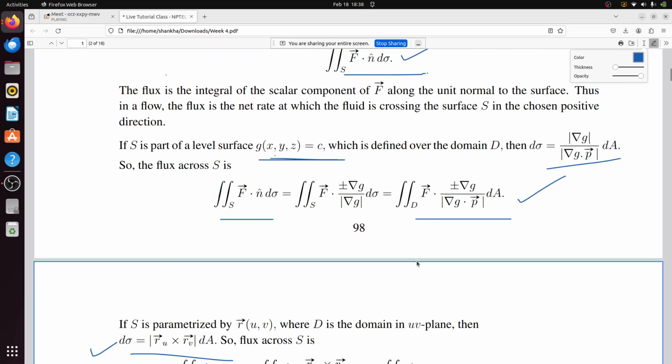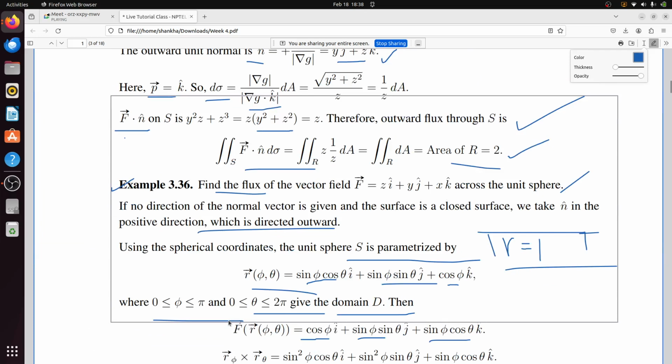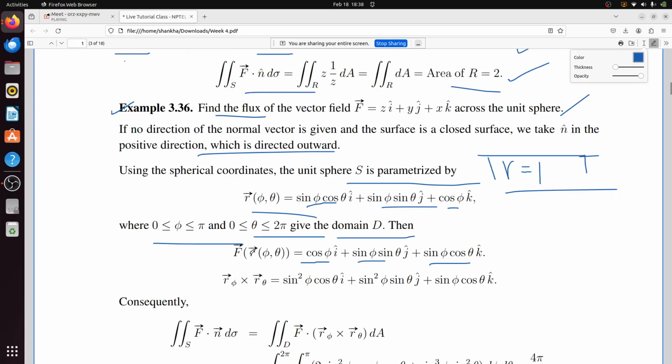Now you need to compute what I discussed in the last slide. Since it is in parameterized form, you need to compute the partial derivative of r with respect to phi, which is r subscript phi, and then the partial derivative of r with respect to theta, and then take the cross product. Here is your r.